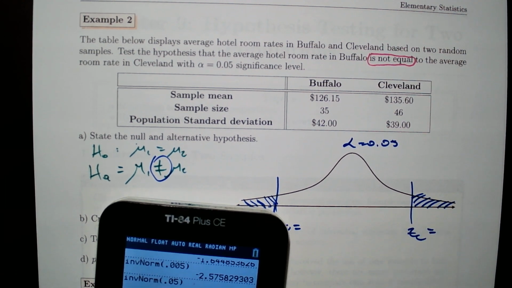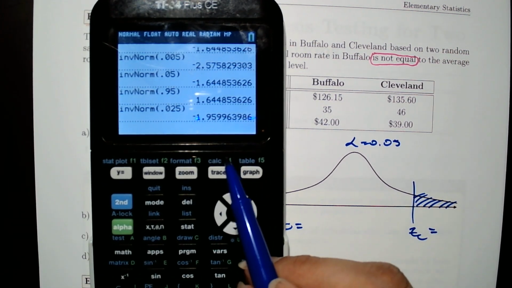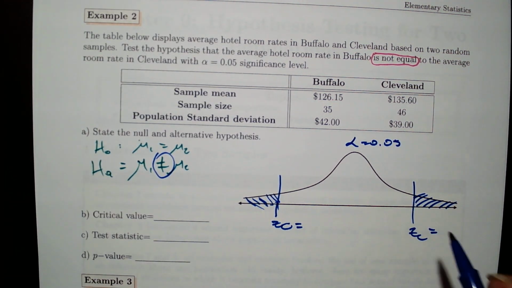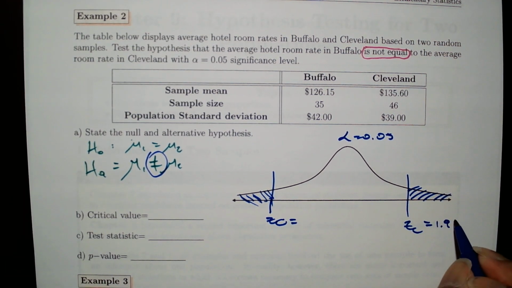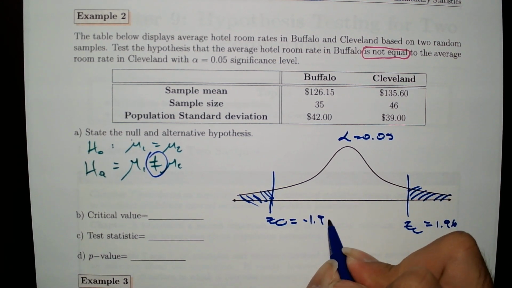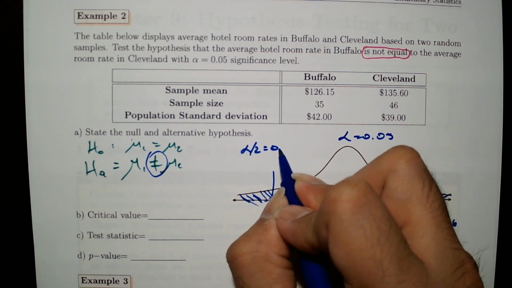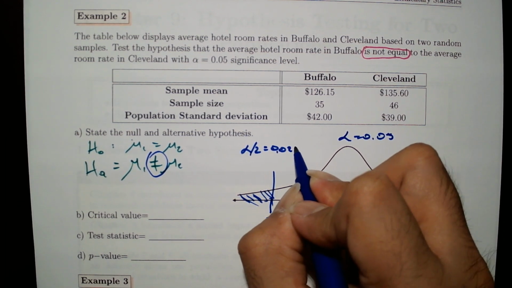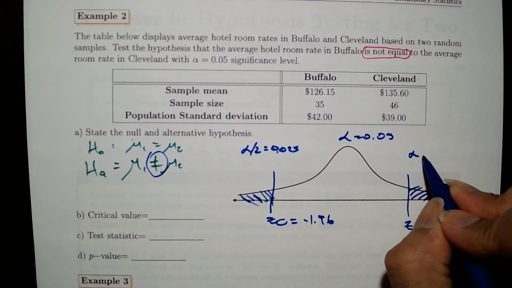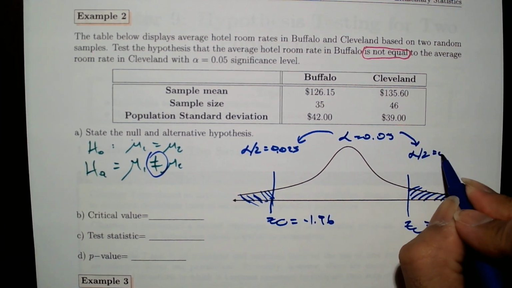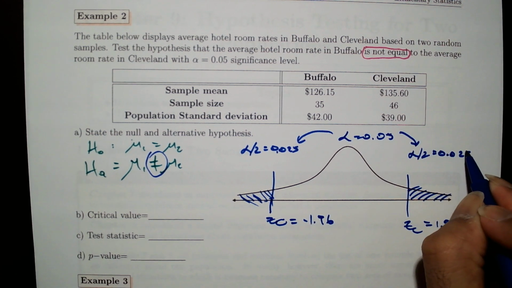That's half of alpha, giving negative 1.96 and 1.96. So that's alpha over 2, 0.025.